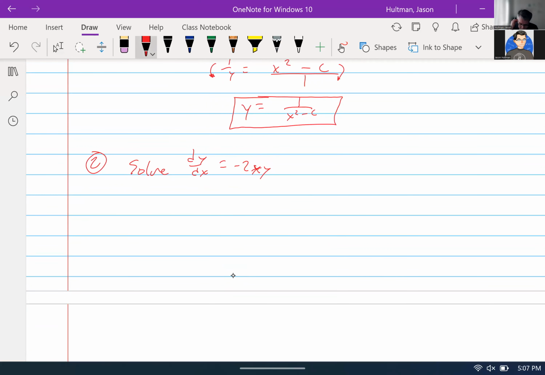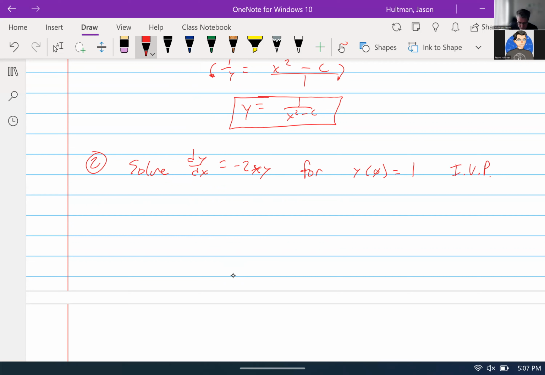Solve dy dx equals negative 2xy with y of 0 equal to 1. So this is an initial value problem. We have an initial value, and so we're going to get a particular solution.